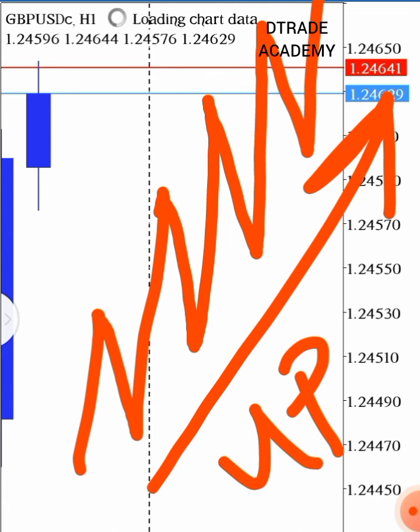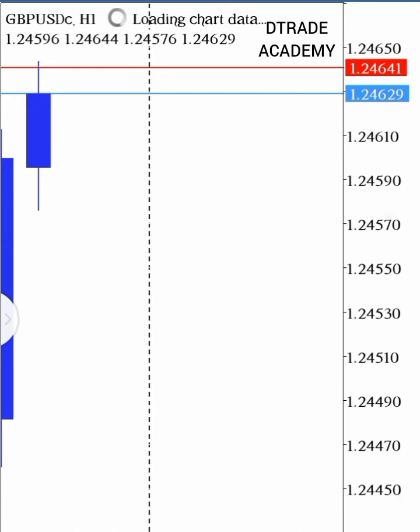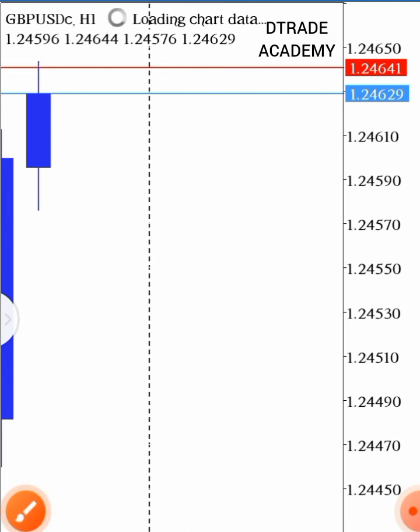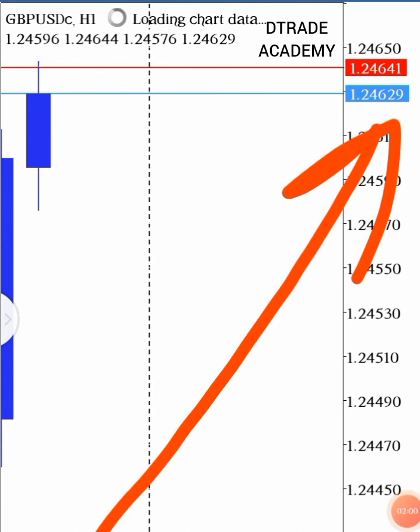But when we have more buyers pushing the price up and no sellers, that means there is imbalance in the market. And wherever we have imbalance, price will likely come back to fill it up.